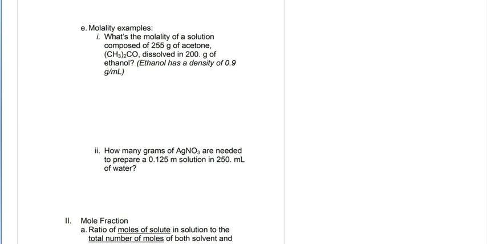We want to know the molality of a solution when it has 255 grams of acetone. This is going to be your solute, because it's dissolved in 200 grams of ethanol. So ethanol is your solvent. Now, it also provides you the density of the ethanol.